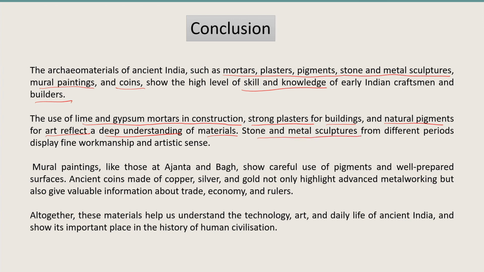Stone and metal sculpture from different periods display fine workmanship and artistic sense. Mural paintings like those at Ajanta and Bagh show careful use of pigments and well prepared surfaces. Ancient coins made of copper, silver and gold not only highlight advanced metalworking, but also give valuable information about trade, economy and rulers.